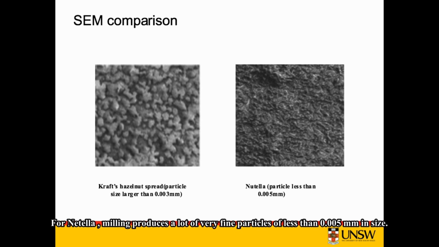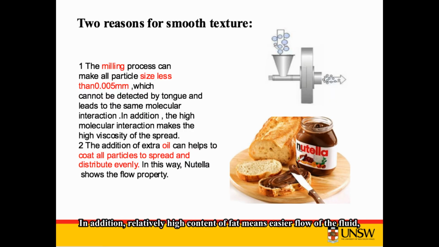But for Nutella, milling produces a lot of very fine particles of less than 0.005 mm in size. In addition, a relatively high content of fat means easier flow of the fluid, because of the better capacity of carrying all molecules to spread and distribute evenly. In this way, it shows the smooth texture.